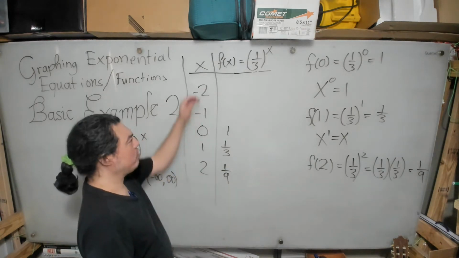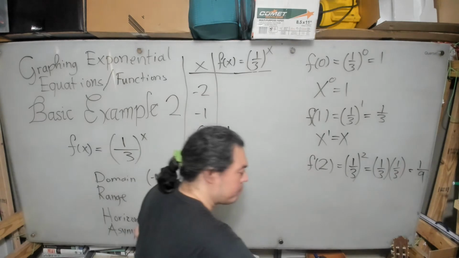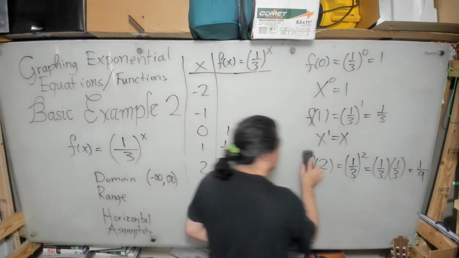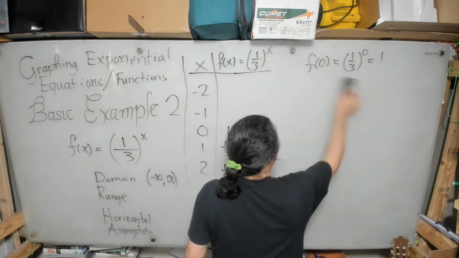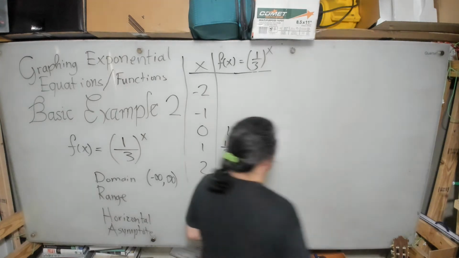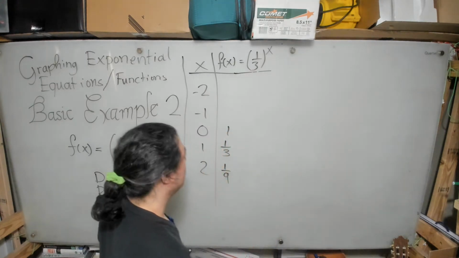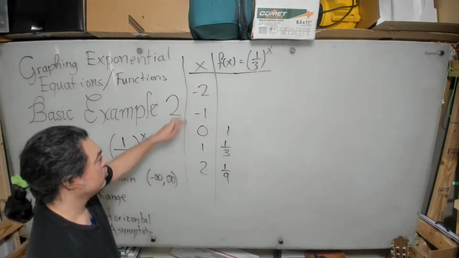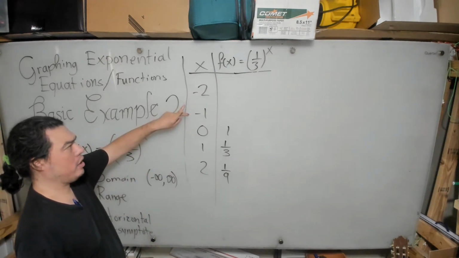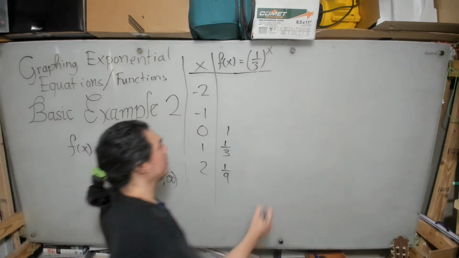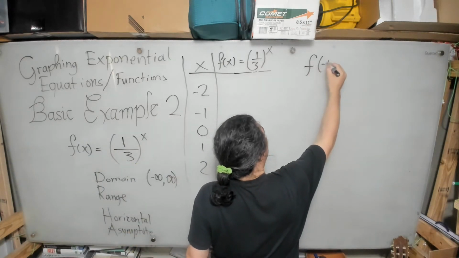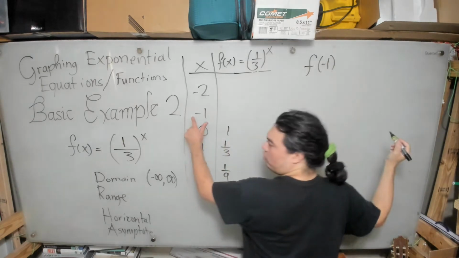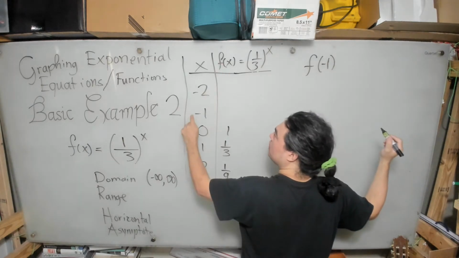Now what about these over here? Let's look at these together. Over here, I want to calculate f of negative 1. In other words, I want to find out the function value when x is negative 1.